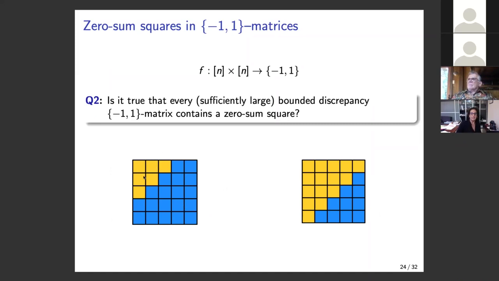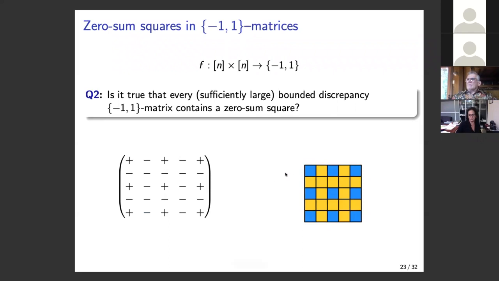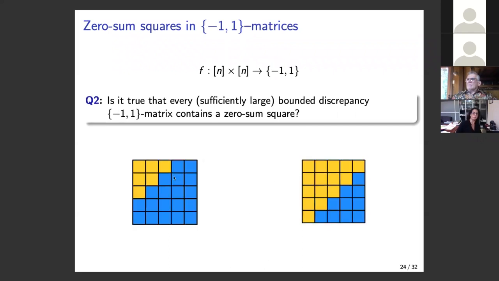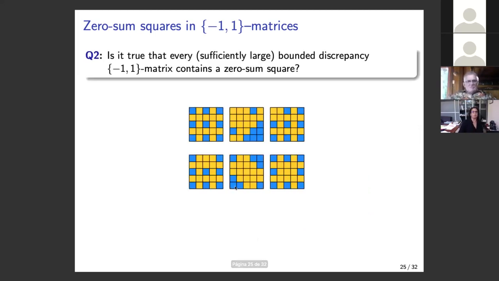And if you notice, those examples are zero-sum square free, as well as the previous one. So in these examples, you have no zero-sum squares. We need to take those examples into account, and manage them somehow in order to prove something.